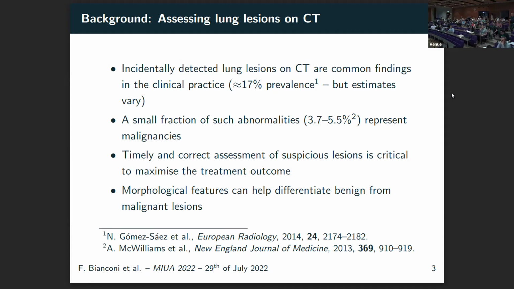And of course, the correct assessment of suspicious lesions is important to maximize the treatment outcome. Radiological assessment involves the analysis of a number of morphological features that the radiologist needs to score.